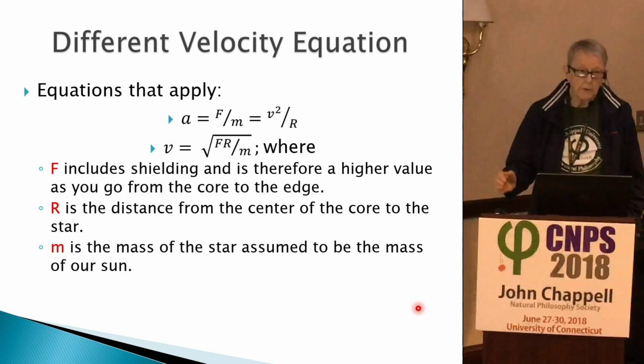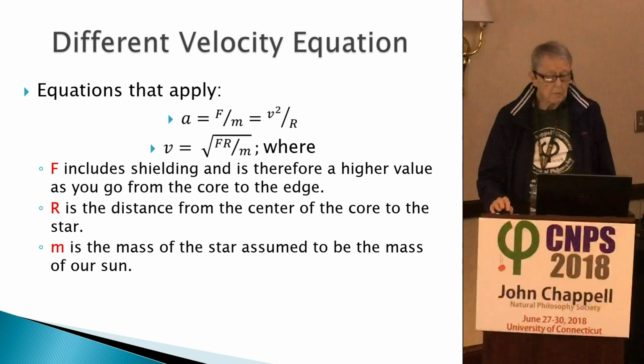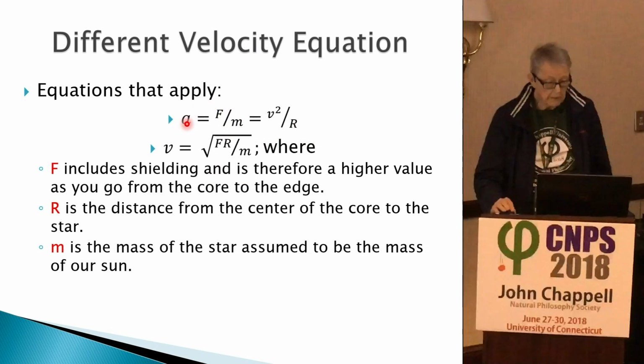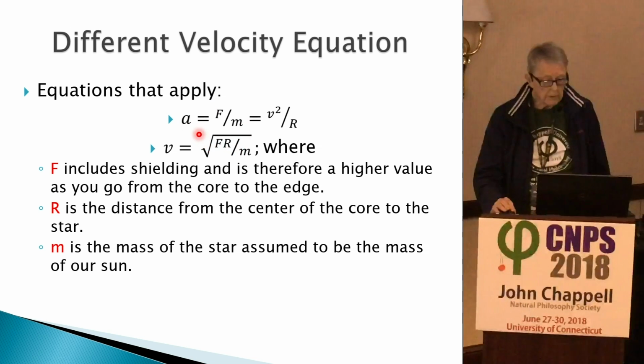But now I'm going to go to a different equation. I'm going to rewrite the velocity equation by using Newton's second principle, which says acceleration is equal to force divided by the mass of the object that's moving. That's his second principle.